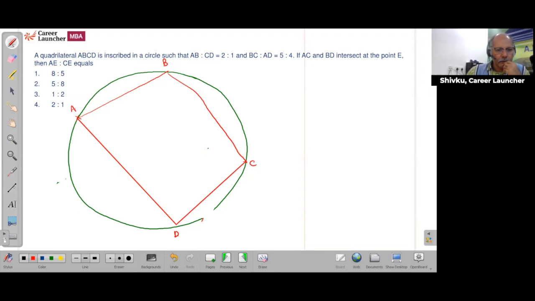And now we have the diagonals. Now, the moment we say the diagonals, right, I think a lot of similarity concepts will come into picture here. Now, let's take what is given here. AB is to CD is 2:1. So let me take this as 2A, and this is A. And BC is to AD, so 5B, and this is 4B.